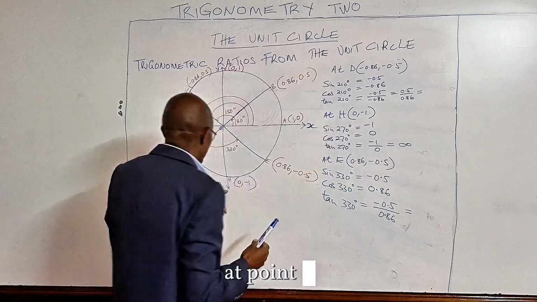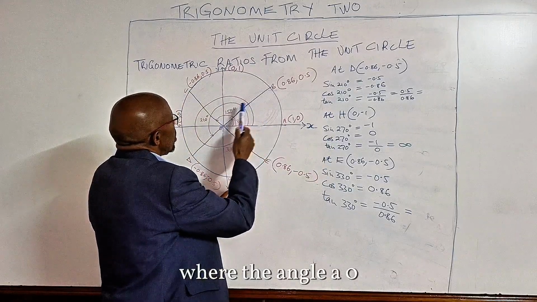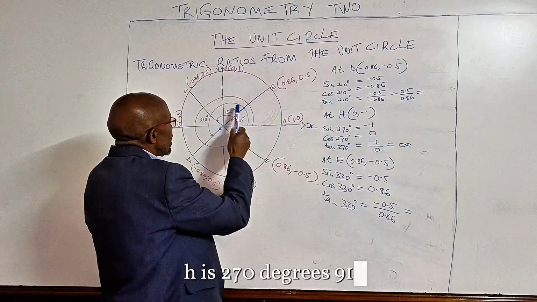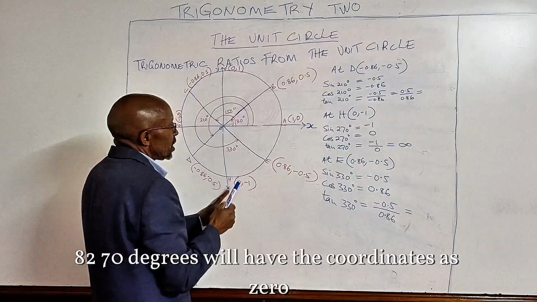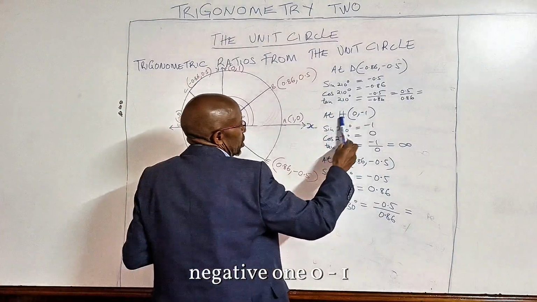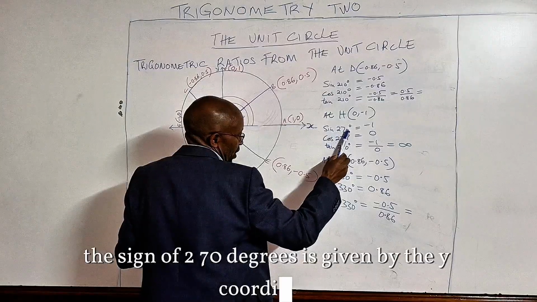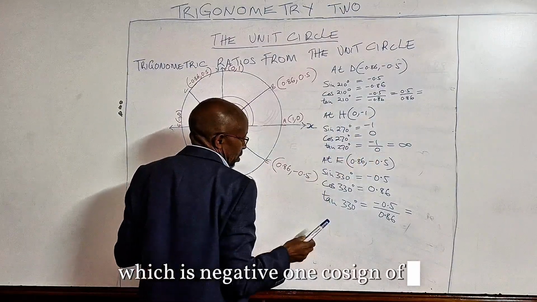At point H, where the angle AOH is 270 degrees, we have the coordinates 0, negative 1. The sine of 270 degrees is given by the y coordinate, which is negative 1.